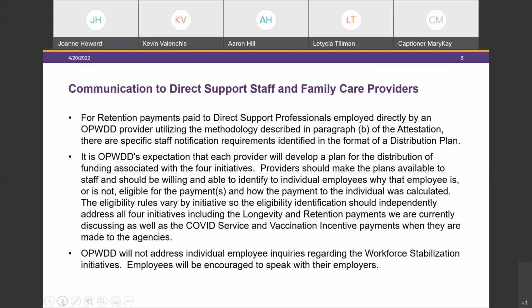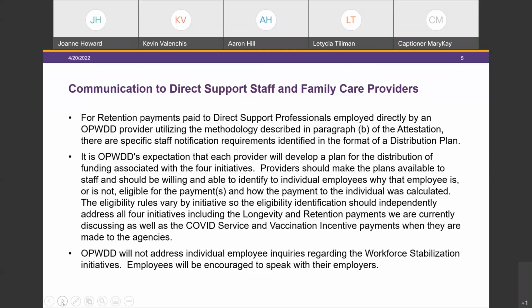It is OPWDD's expectation, however, that each provider will develop a plan for the distribution of funding associated with the 4 initiatives. Providers should make the plans available to staff and should be willing and able to identify to individual employees why that employee is or is not eligible for the payments and how the payment to the individual was calculated.